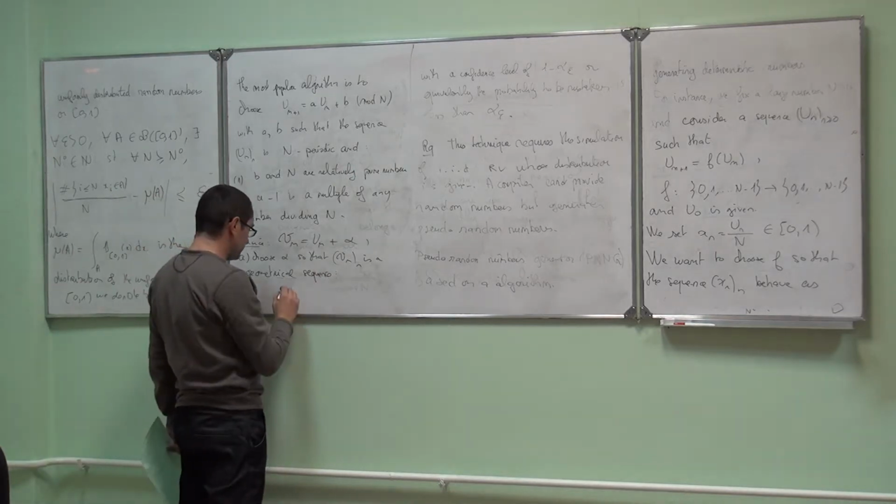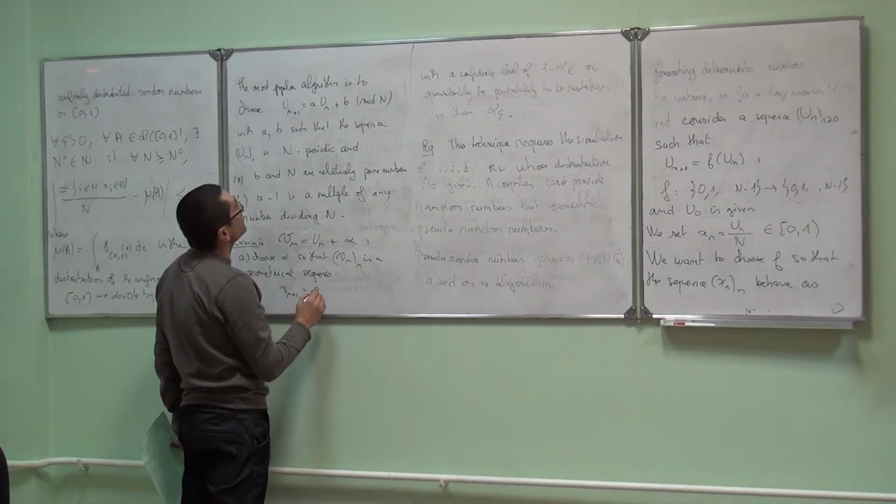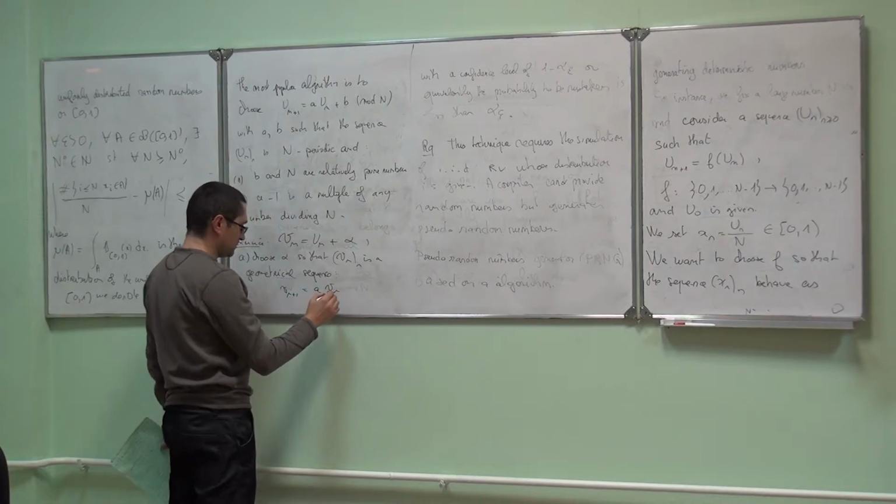Precisely, you get that V_{n+1} equals a times V_n.